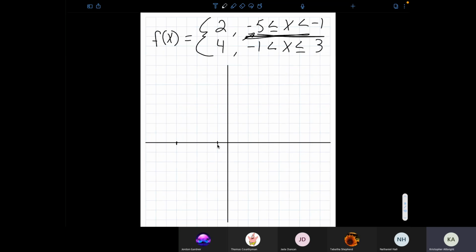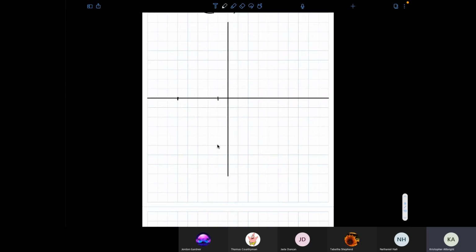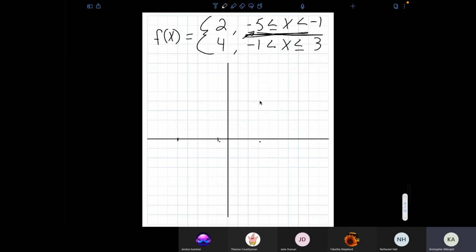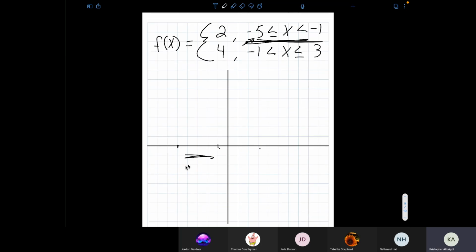Okay, so that's one section of my graph. And my other section of the graph is going to be from -1 up to 3. So I'm going to just use a dot right here, and then 1, 2, 3. And I'm going to use a dot right here. So our sections of the graph are pretty much this section and this section.